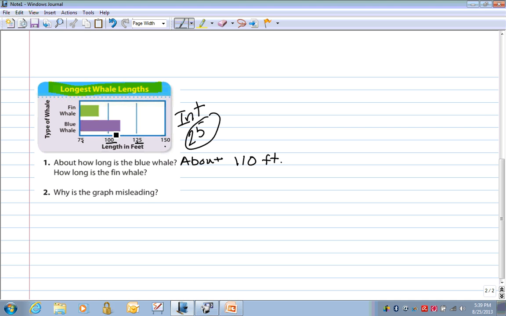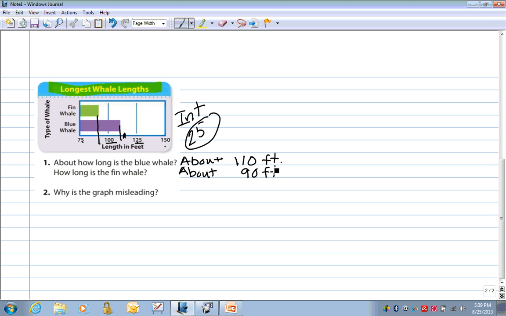And I got that because, again, here's blue well, there's 100, there's 125, and so halfway is around 112, and so I would say that's about 110 feet. How long is the fin well? Well, here's the fin well. If I draw my line down, there's 75, there's 100. I would say that's close to about 90 feet.